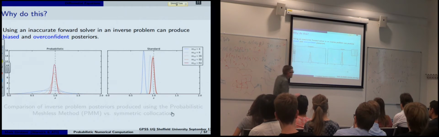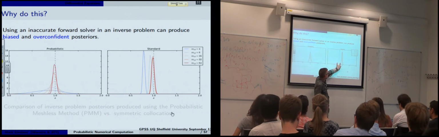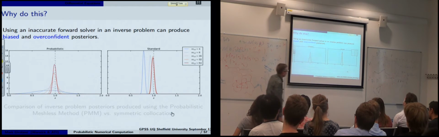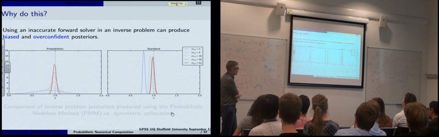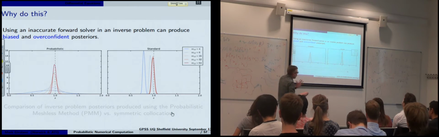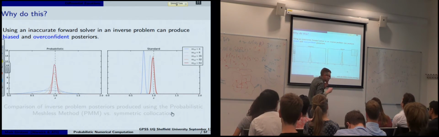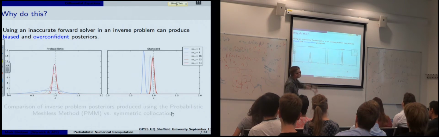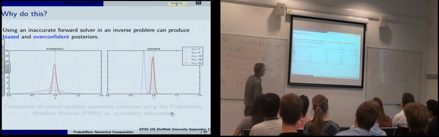In fact, the bias is, and the level of certainty is so high that the high density regions of this posterior don't even touch what the generating value was. So this is really quite concerning, and this is one of the dangers of not accounting for all the sources of uncertainty, even the uncertainty induced by what we might consider a black box numerical procedure.